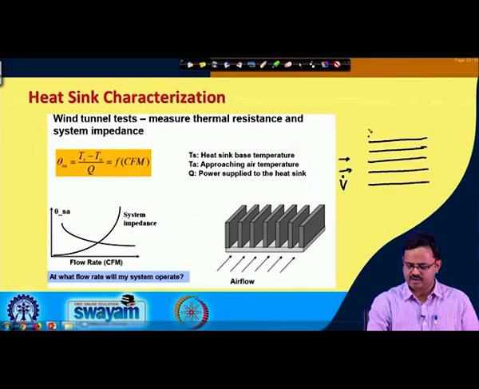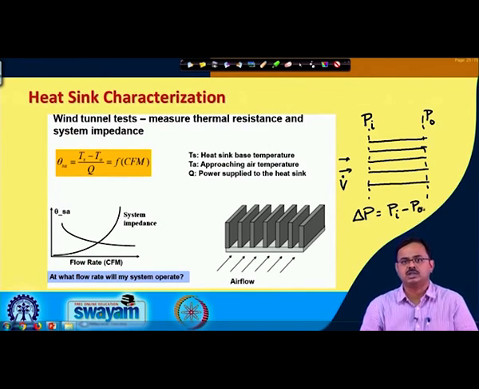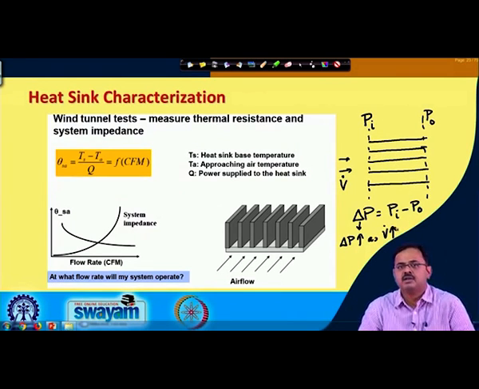If I take a cross section here, I will measure a pressure P I, which is the inlet pressure, and if I do the same over here, I will measure a pressure P naught, and delta P, the pressure drop, is going to be P I minus P naught, and this delta P increases as V dot increases.